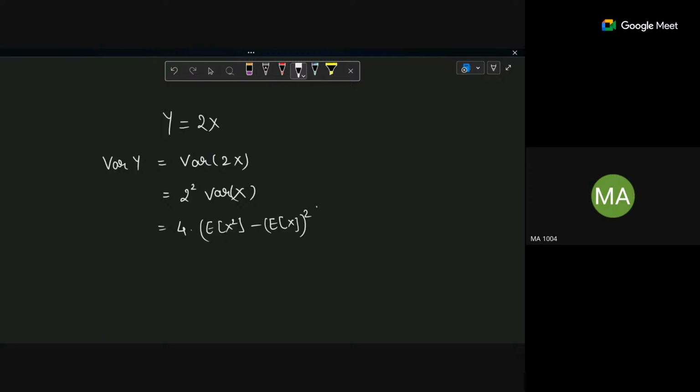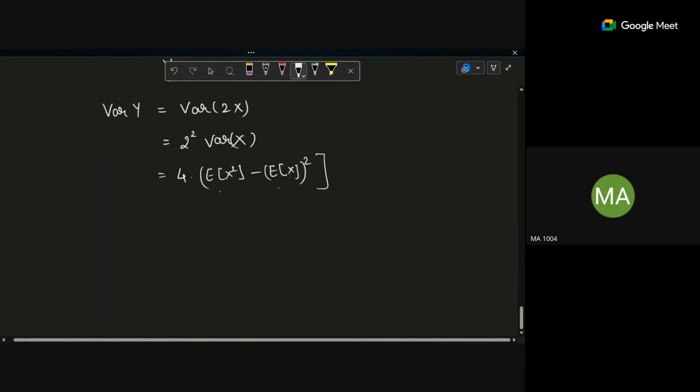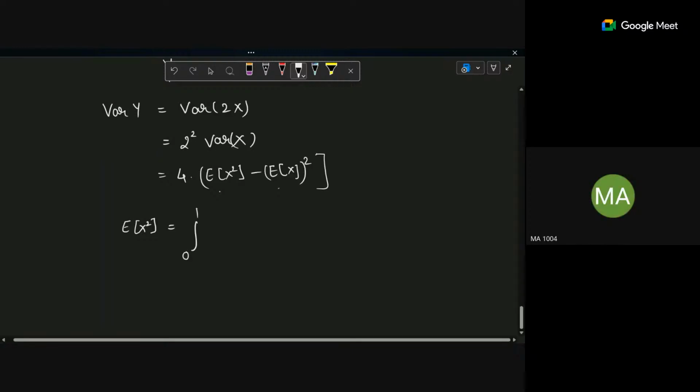So you know how to calculate expectation of x and expectation of x square, right? Yes, ma'am. So what is expectation of x square then? Ma'am, integral limits 0 to 1 of x square into fx of x dx, right?